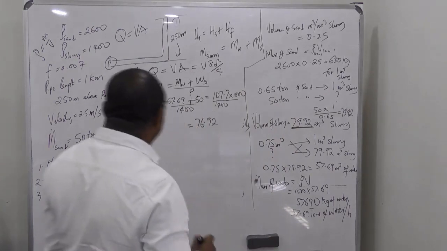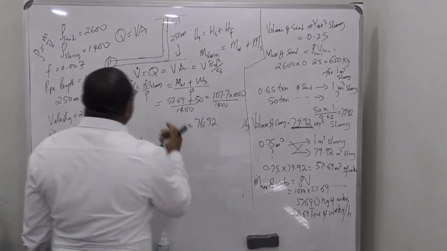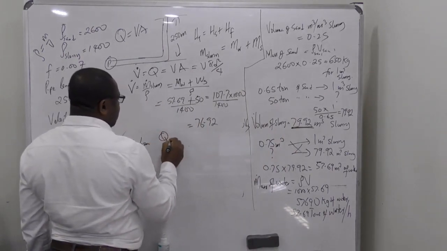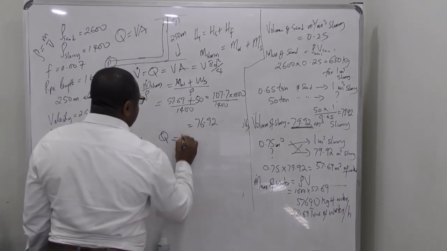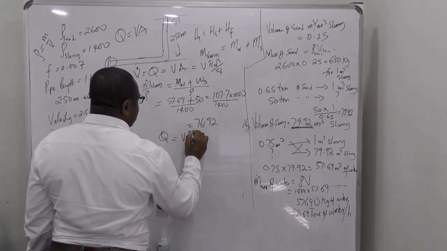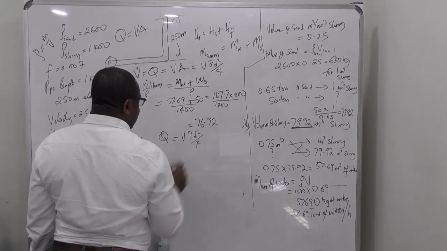Yeah, so we can easily calculate. So once I have this, I can say, okay, Q is V pi d squared over 4.